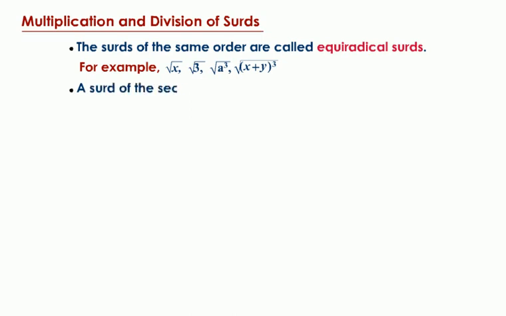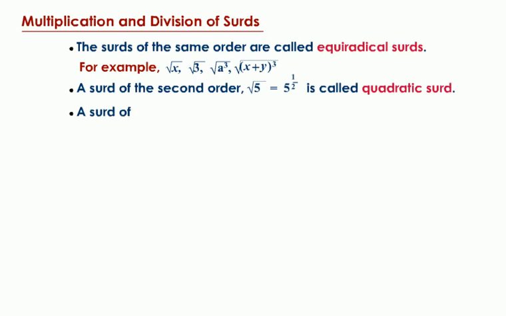A surd of the second order, such as √5, which can also be written as 5 to the power 1 by 2, is called a quadratic surd. A surd of the third order, such as cube root 5, which can also be written as 5 to the power 1 by 3, is called a cubic surd.